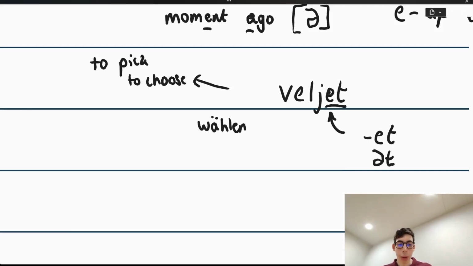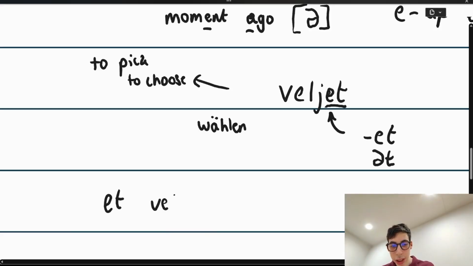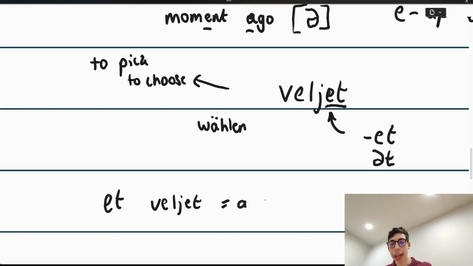But as a noun, as a feminine noun, so if you remember the table, probably won't remember the table, veljet is a choice, or if you take a pick, right?